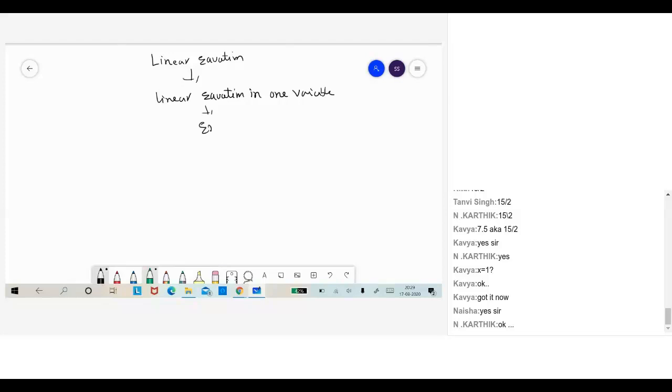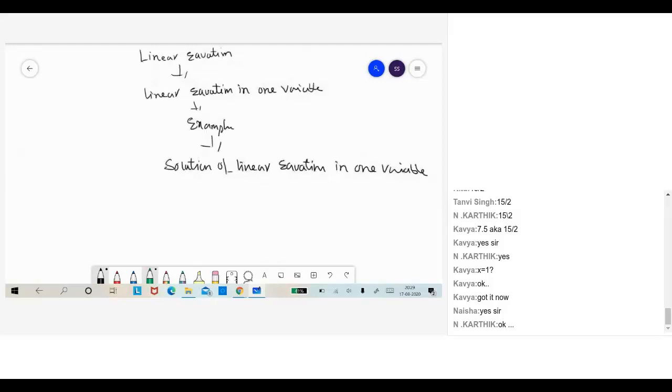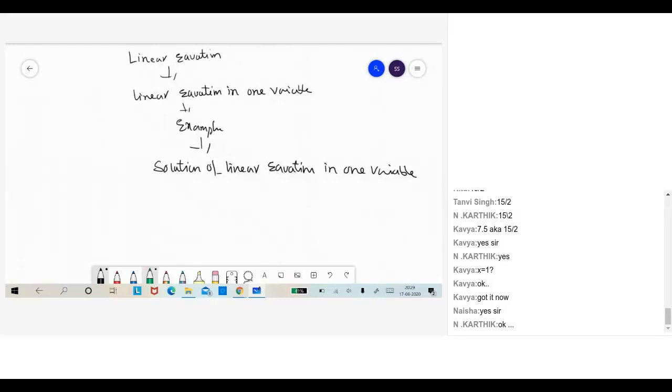Take examples. Then, what is the solution of a linear equation in one variable? The next concept is finding the solution of a linear equation in one variable. Is that clear?